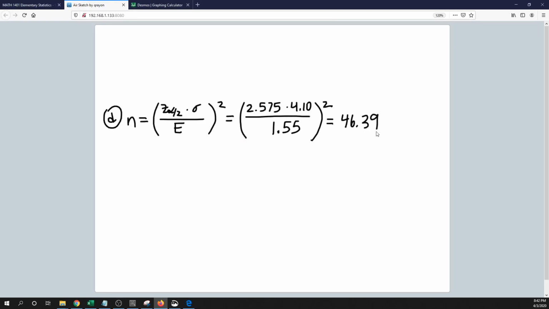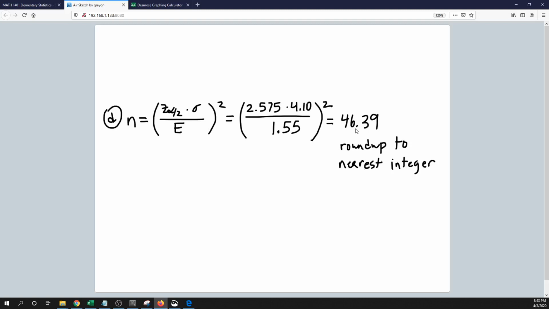So what we need to do is always round up to the nearest whole number, or integer. You don't want to round to the closest one; the closest one here would be 46.